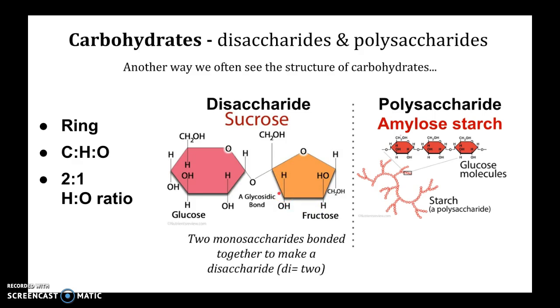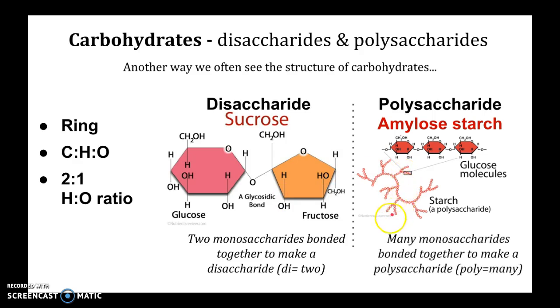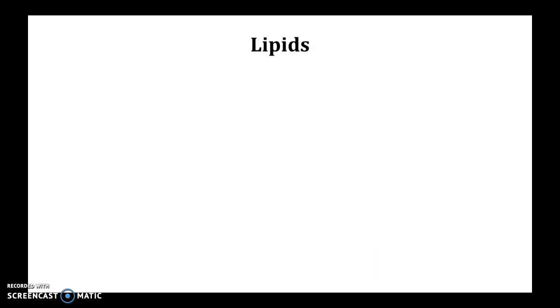So two monosaccharides bonded together make a disaccharide. And many monosaccharides bonded together make a polysaccharide. The next one we're going to talk about is lipids.